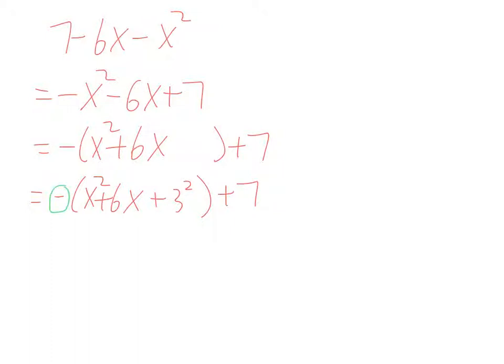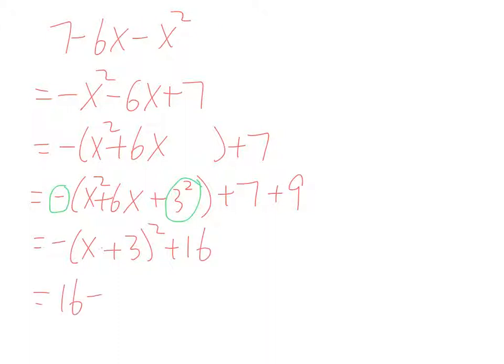We actually subtracted 9. So I need to add it back to keep equality going. And so now I have negative of x plus 3 quantity squared plus 16, or 16 minus x plus 3 quantity squared.